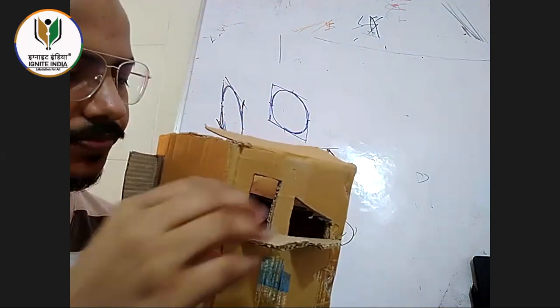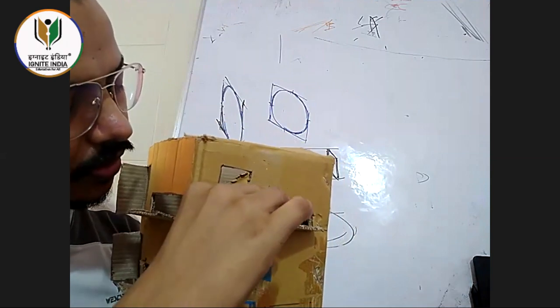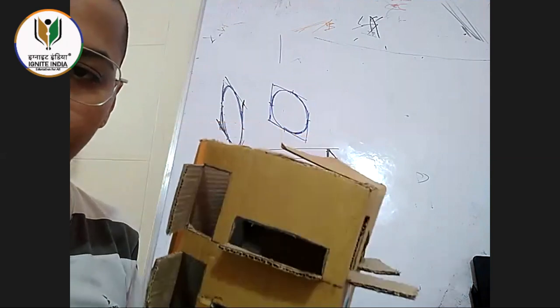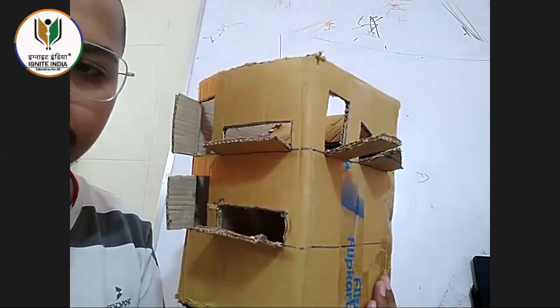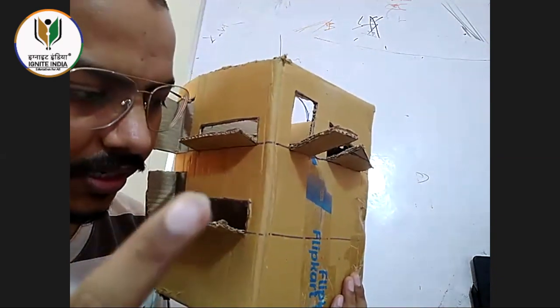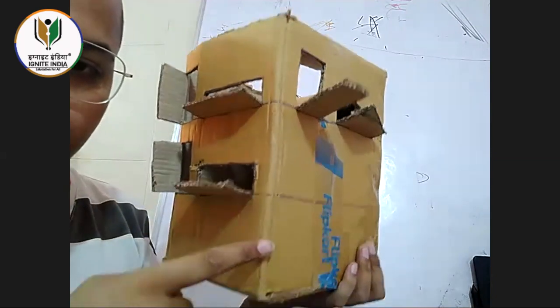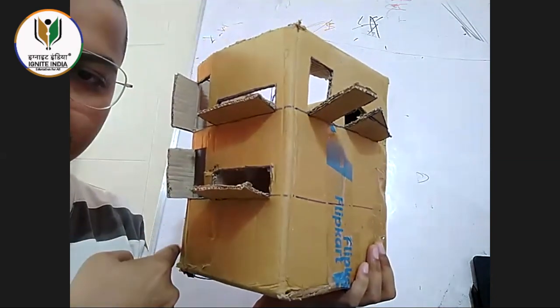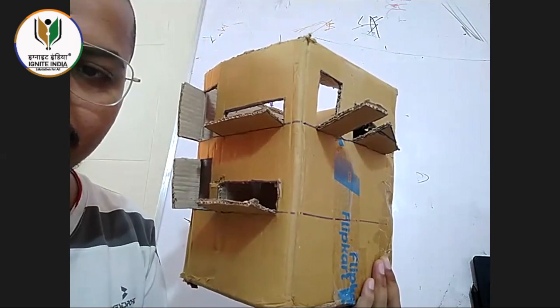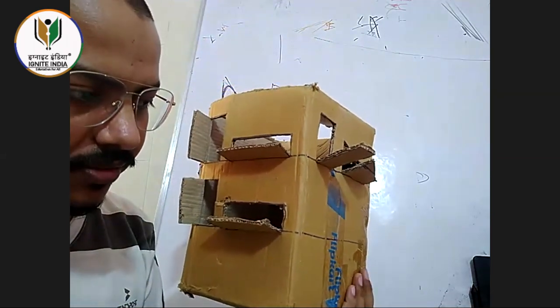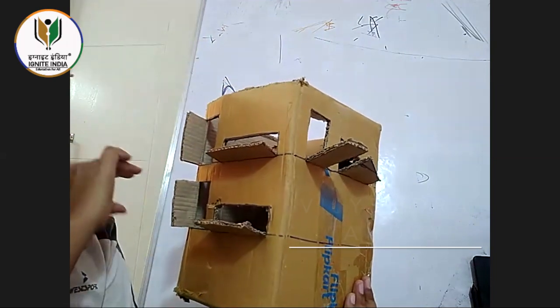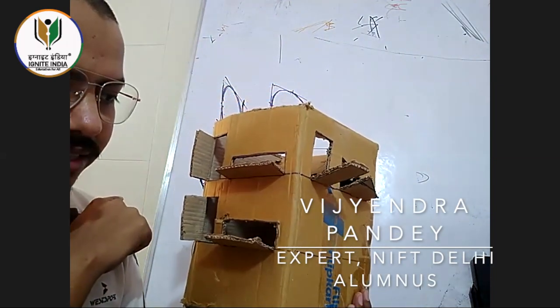Now see that. Two-point perspective. What is happening? This corner is coming in the front, but from here to here a distance is being created. Whenever distance is being created, they will create a vanishing point, right?